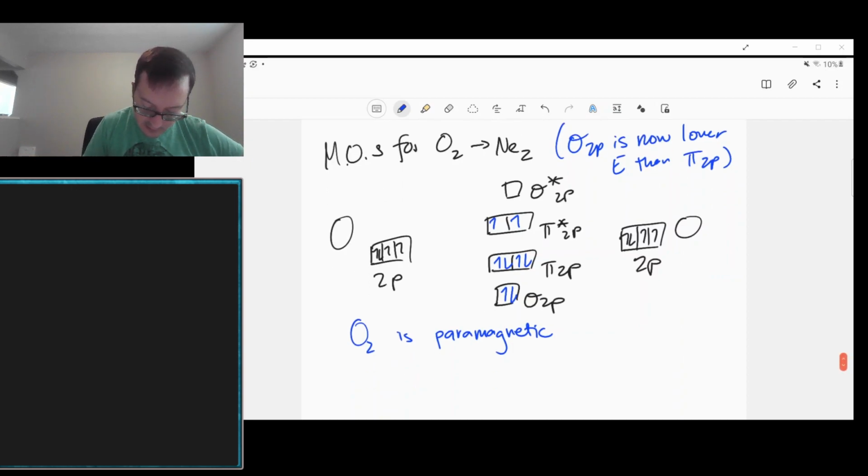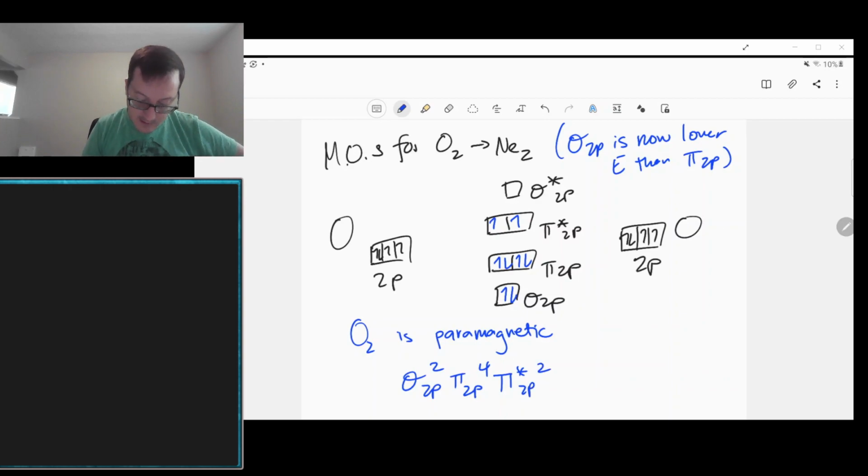If we do its electron configuration, I'm going to omit sigma 1s and 2s. Sigma 2p2, pi 2p4, pi star 2p2. It's paramagnetic, and the bond order is 6 minus 2 over 2, which is 4 over 2, which is 2.